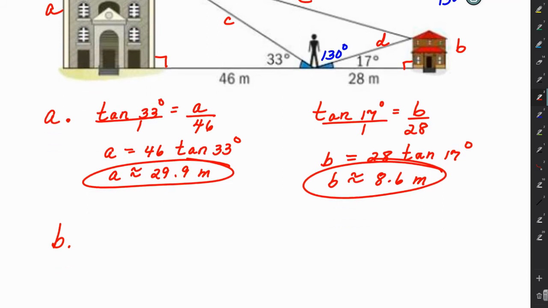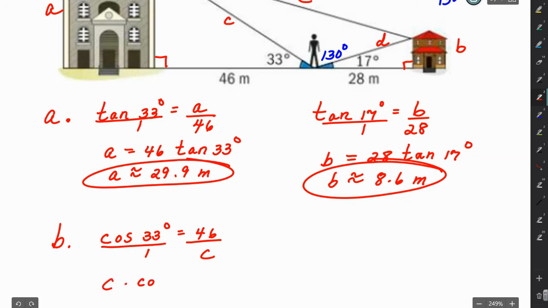Now, in order to find C, here's my perspective angle. This side's adjacent. This side is my hypotenuse. Well, the trig function that uses adjacent and hypotenuse is cosine. Right, so the cosine of 33 degrees is equal to the adjacent side over the hypotenuse. In this case, I'm calling that C. Cross multiply. So we're going to get C cosine of 33 degrees equals 46.